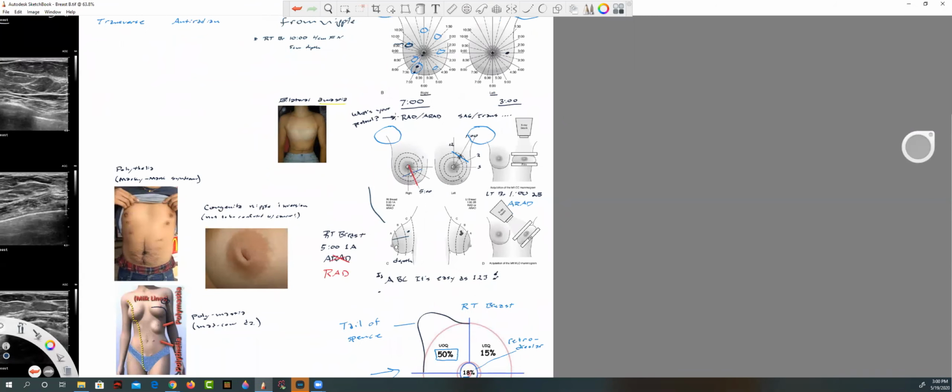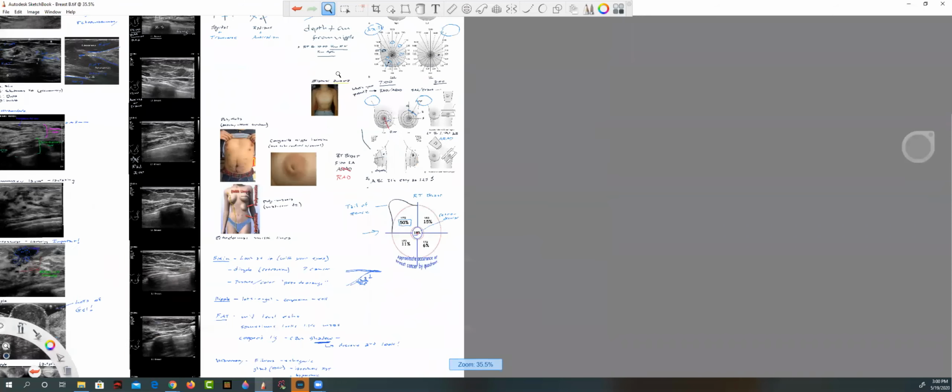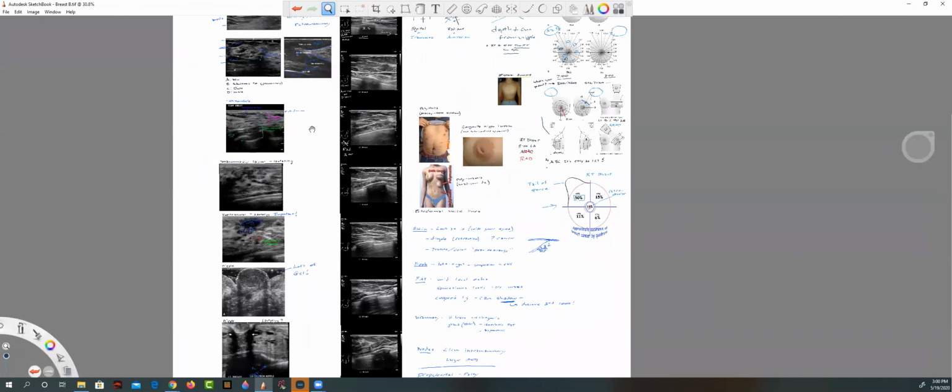You're going to be using either ABC 1, 2, 3, or you're just simply going to say how many centimeters away from the nipple and at what depth it is. You're not going to be using all of these. You're just going to pick one, or your preceptor is going to tell you which one they want you to use. And that's the way you go.